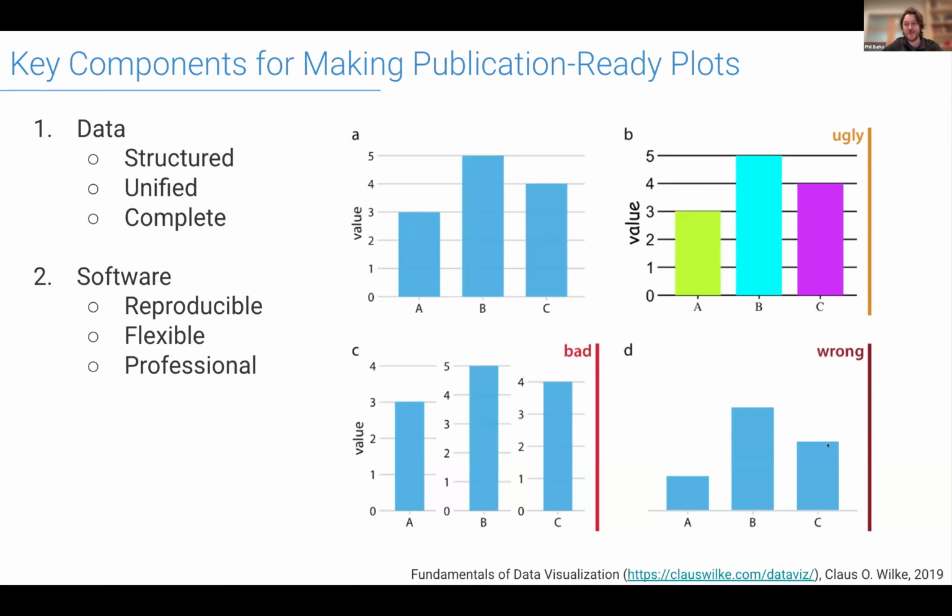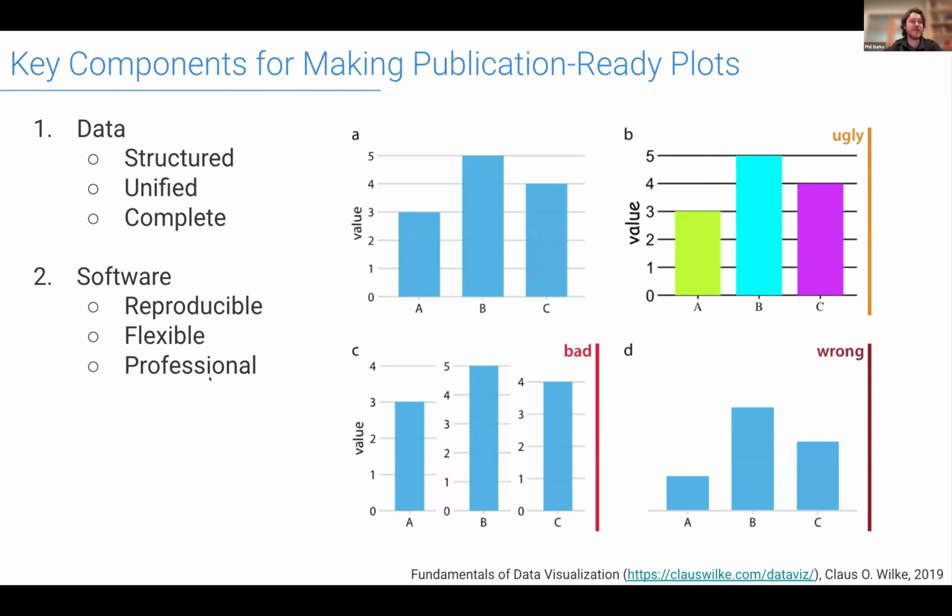And then, of course, one that's just wrong, doesn't have the right data at all. So we can probably all avoid this last scenario, but adopting just a clean, straightforward visual style can really go a long way towards having your audience understand the story that you're trying to convey with your data.